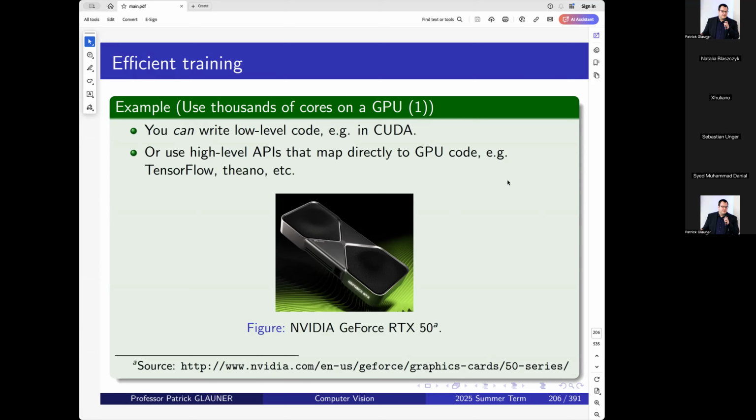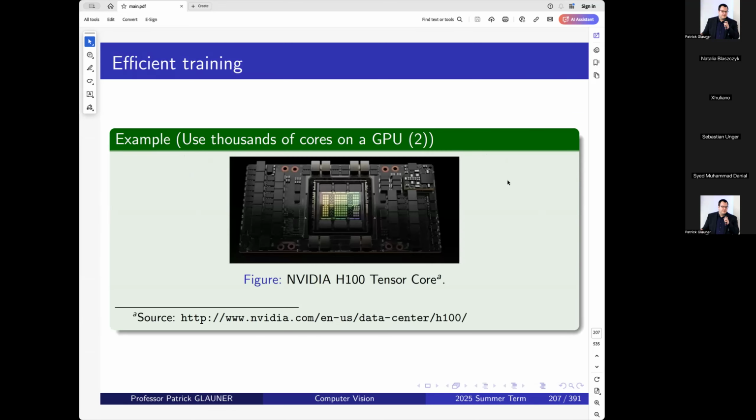And you do this on a GPU because a GPU is made for this. Modern GPUs have thousands of cores, and each core does very simple operations, like adding or multiplying scalar values. And it was discovered a bit more than maybe 10 to 15 years ago that you can describe the operations in a neural network in terms of matrix and vector operations.